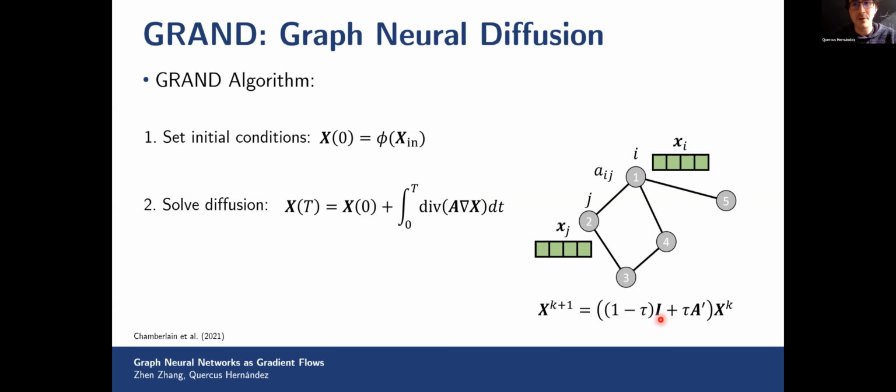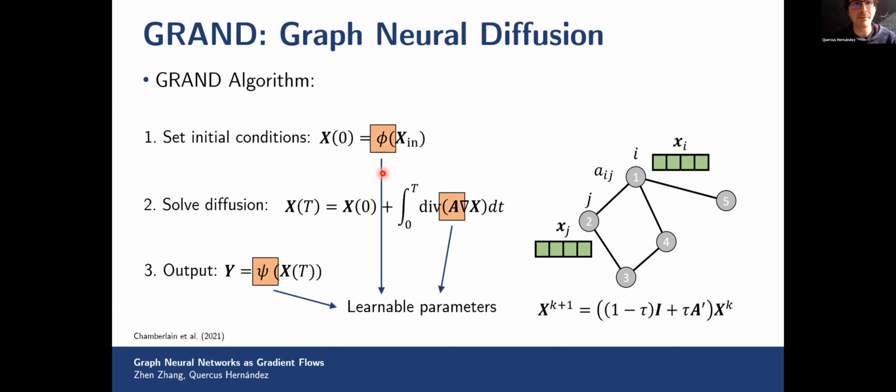In the case of a forward Euler it is this scheme, but you can choose whichever integrator you want. And then finally, you get the output by the reverse mapping, you get from the latent space back to your output space.